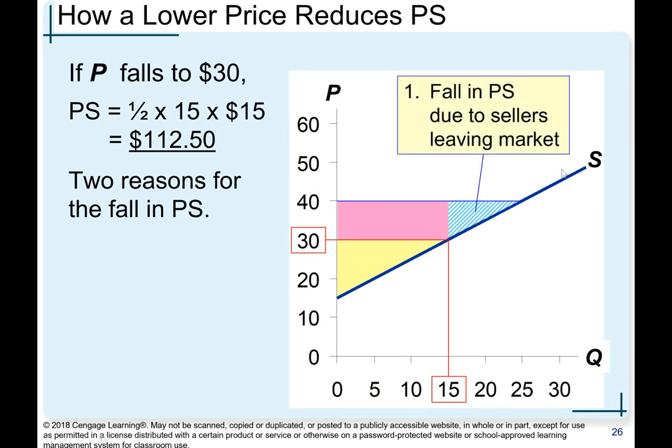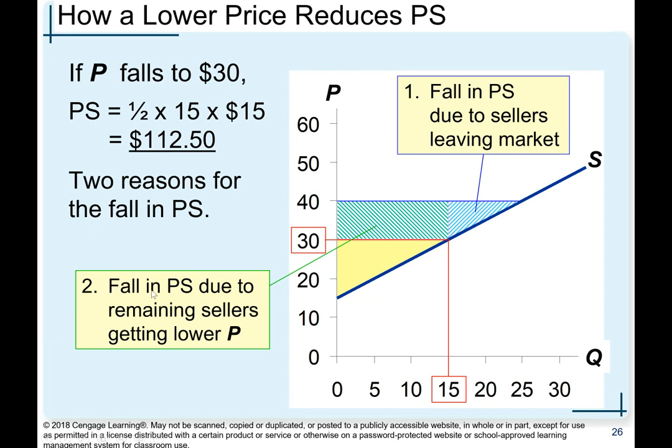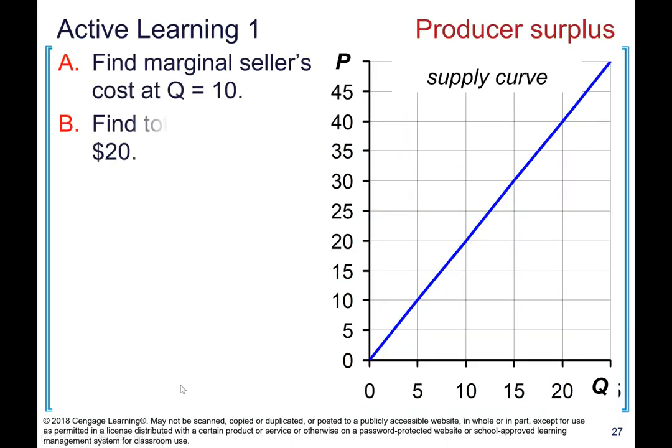Number 1, the fall in producer surplus due to sellers leaving the market. Somebody says, "No, I am not selling the product at that particular price. I'm getting out of the market," and that is measured by the area of that smaller triangle. But then there are also those who will stay in the market but now accept the lower price. So number 2, fall in producer surplus due to remaining sellers getting a lower price.